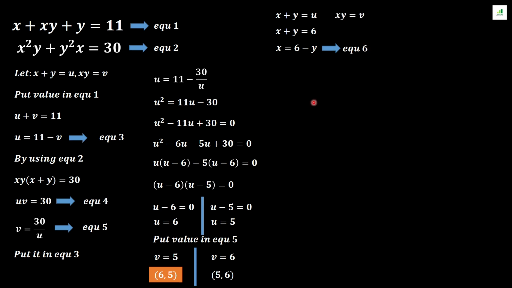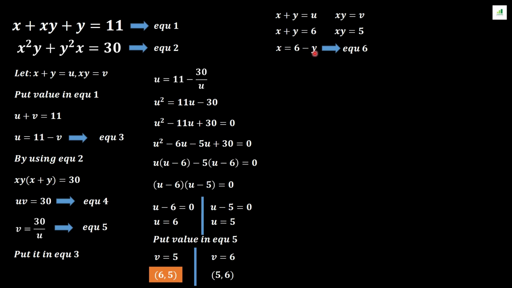Now from our supposition, x into y equals v, and from this ordered pair we know that v is equal to 5. So we insert the value of v, which is 5, inside this equation, and we will get xy is equal to 5. In the next step, we replace this x with 6 minus y.